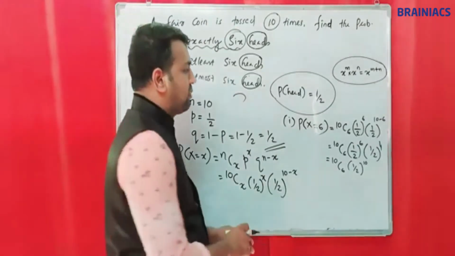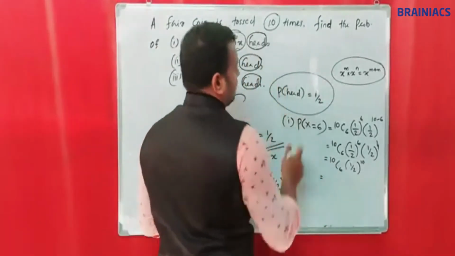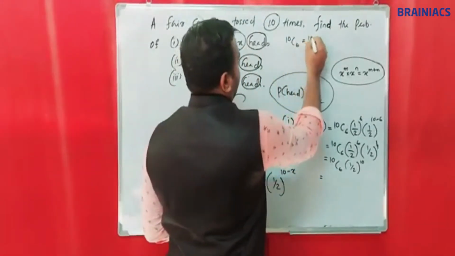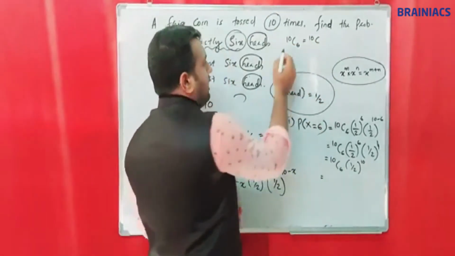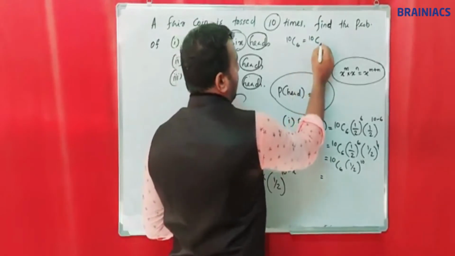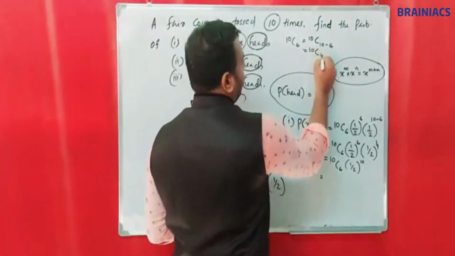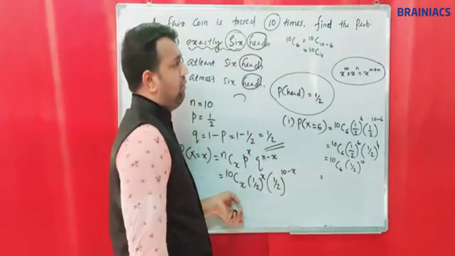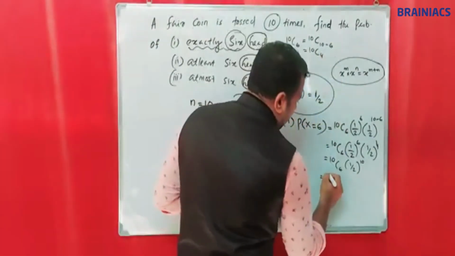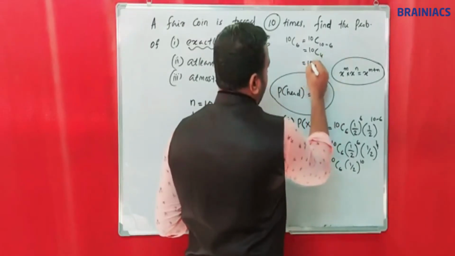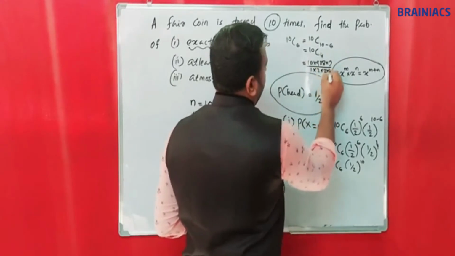We can substitute the values for 10C6 and 1 by 2 raised to 10. 10C6 can be reduced as 10C(10 minus 6), so we get 10C4. 10C4 can be written as 10 into 9 into 8 into 7 divided by 1 into 2 into 3 into 4.